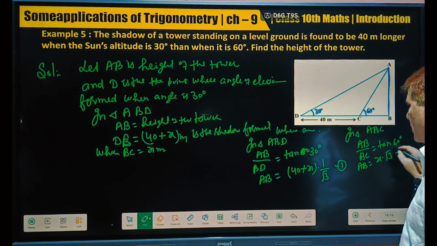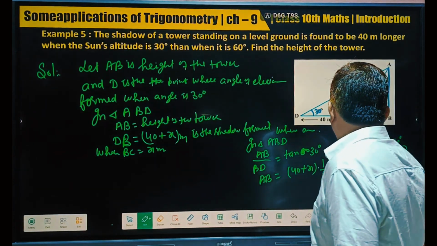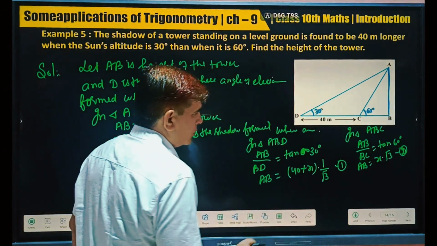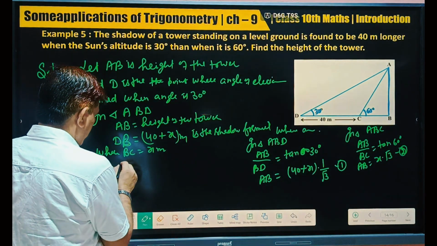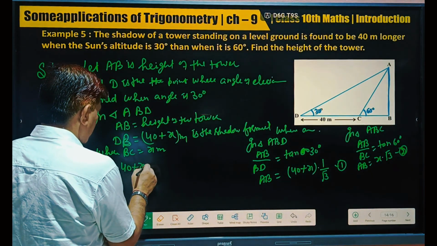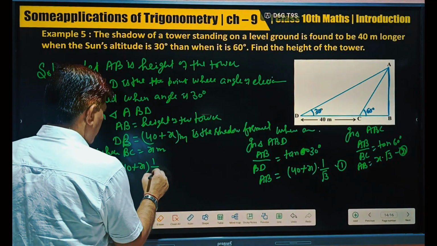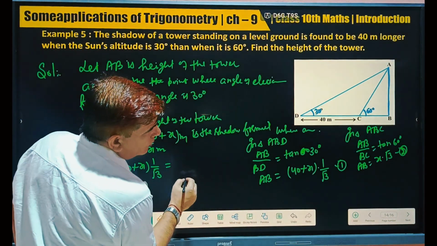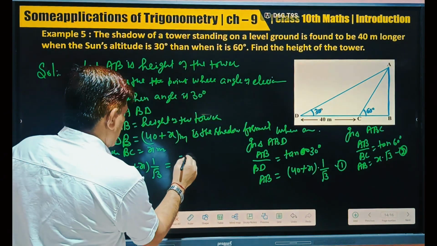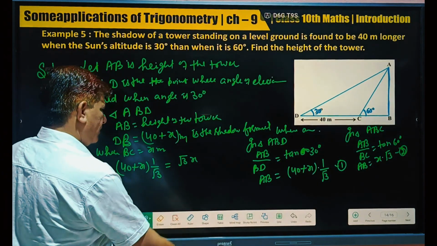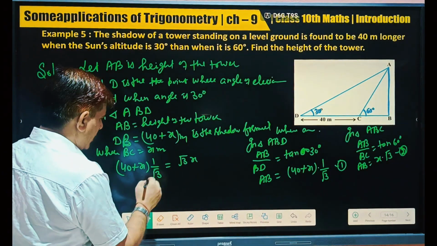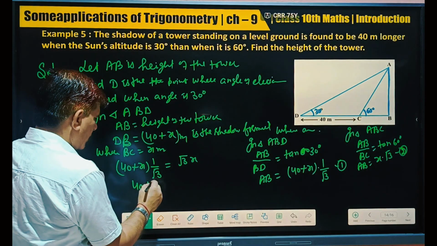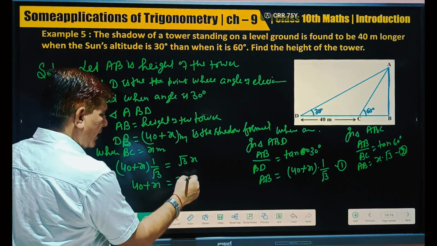Comparing the first and second, this is also AB and this is also AB, so both are equal. So (40 plus x) into 1 by root 3 equals root 3 x. Transferring, 40 plus x is equal to 3x.